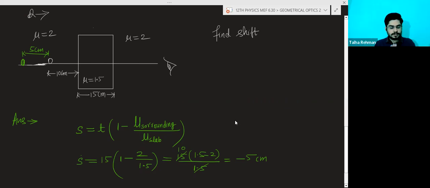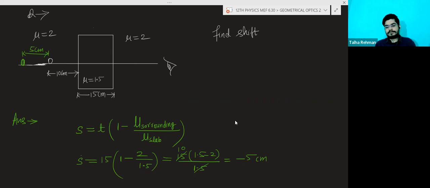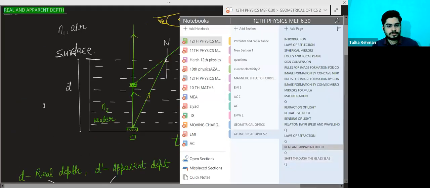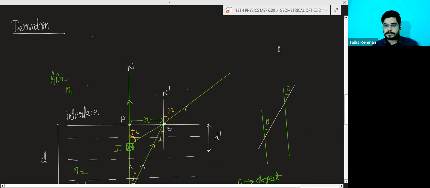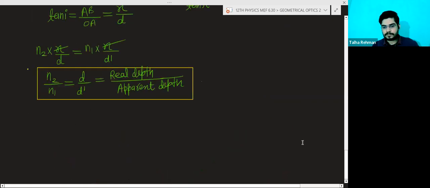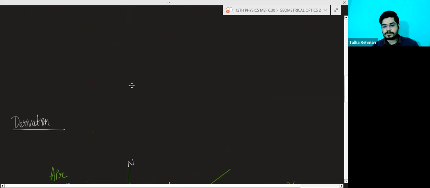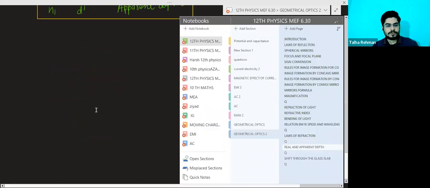After completing this, we will discuss what is the critical angle and what is the total internal reflection. Before that, I think you also note down these points.